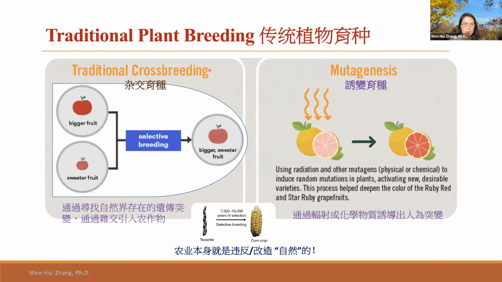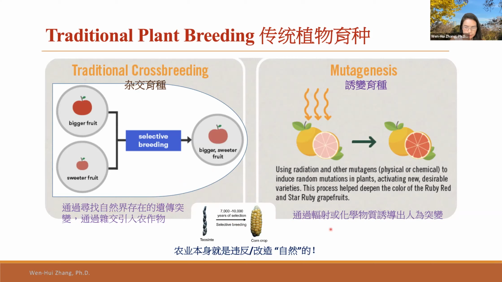So that's the traditional plant breeding. The breeding is by cross breeding. So the bigger fruit, sweeter fruit, and after numerous selections, you pick one that's big and sweet. All it does is try to identify those in nature that have gone through sporadic mutation.